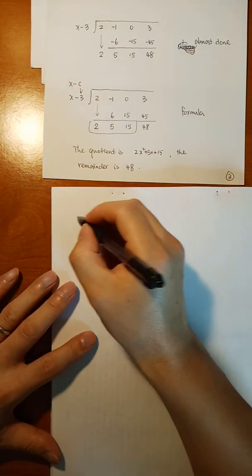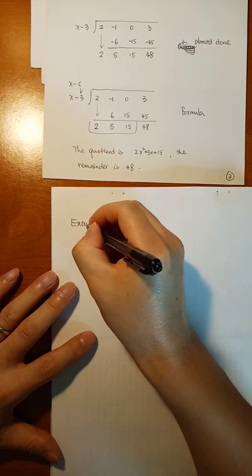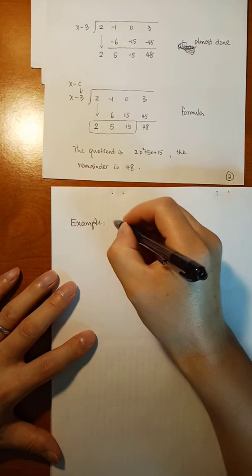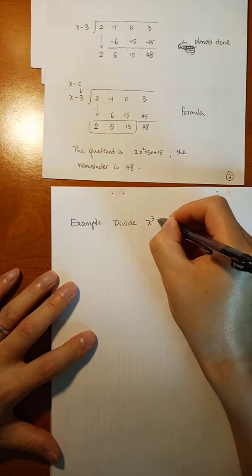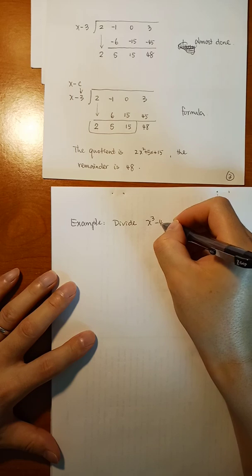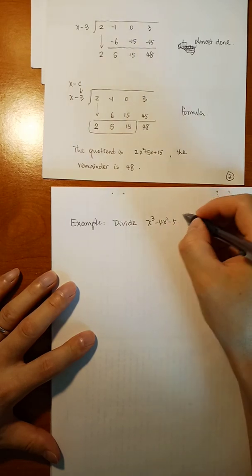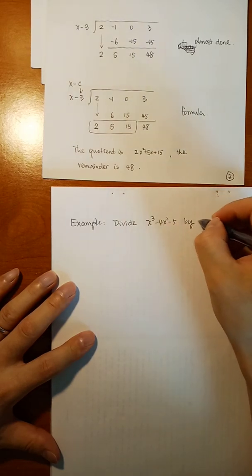For example, we divide x cubed minus 4x squared minus 5 by x minus 3.